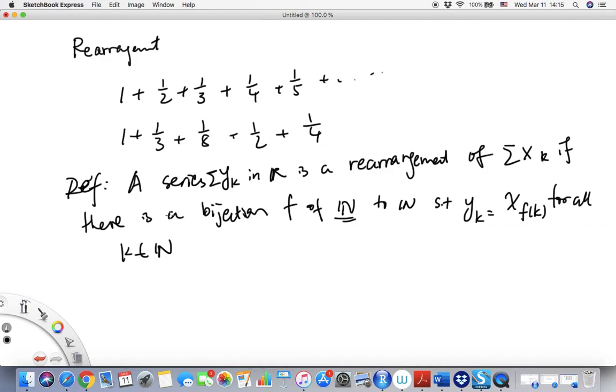Okay, now next we have the theorem called the rearrangement theorem. So what does it say?